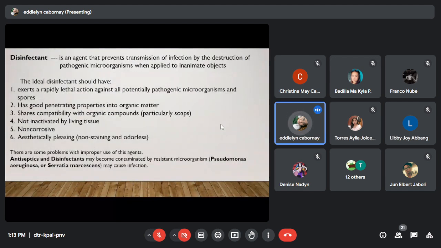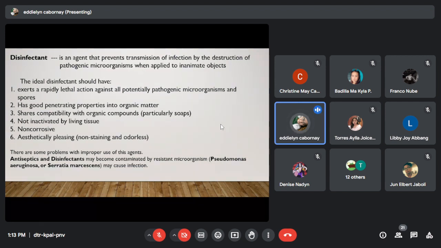A disinfectant is an agent that prevents transmission of infection by the destruction of pathogenic microorganisms when applied to inanimate objects. The ideal disinfectant should, first, exert a rapidly lethal action against all potentially pathogenic microorganisms and spores.